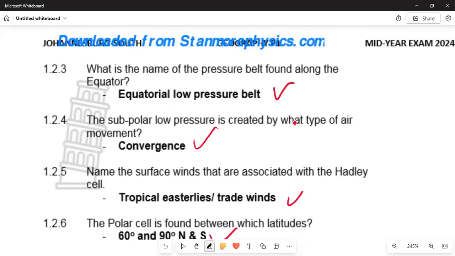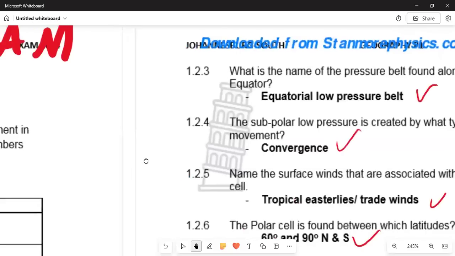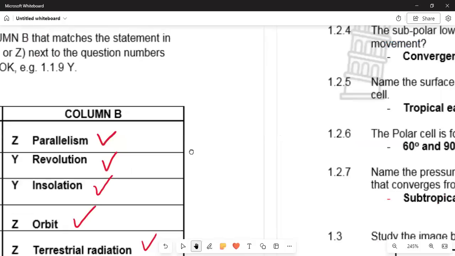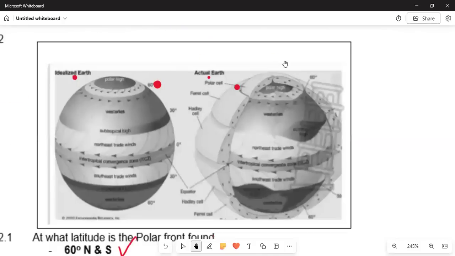In 1.2.4, the subpolar low pressure is created by what type of air movement? It is created by the convergence air movement. Remember that this is convergence air circulation, and the air will move clockwise.